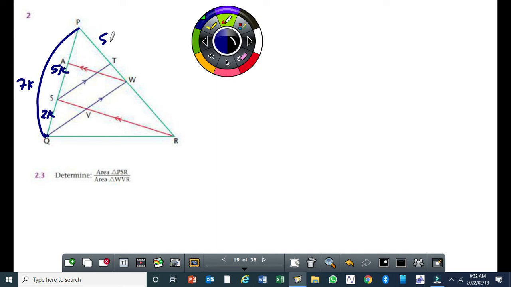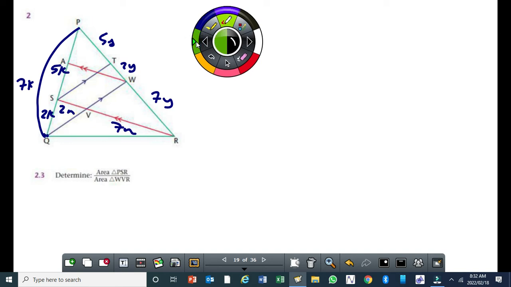Then here I have 5Y, that's 2Y, this is 7Y, that's 7N, this is 2N. Okay, I'm putting that because I still need that information. Right? Now, the question here says, determine, okay, this is a ratio. Area of PSR divided by the area of WVR.